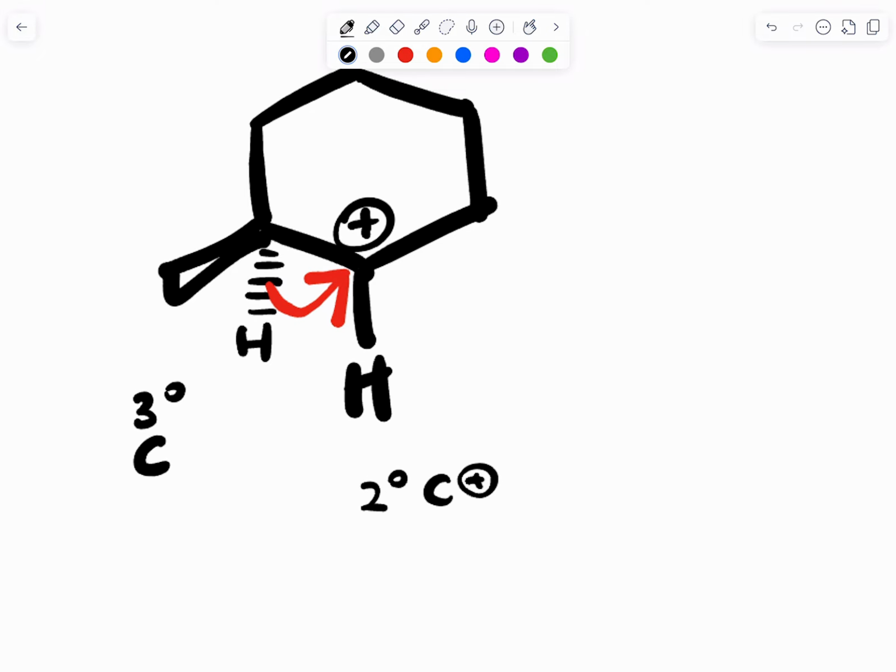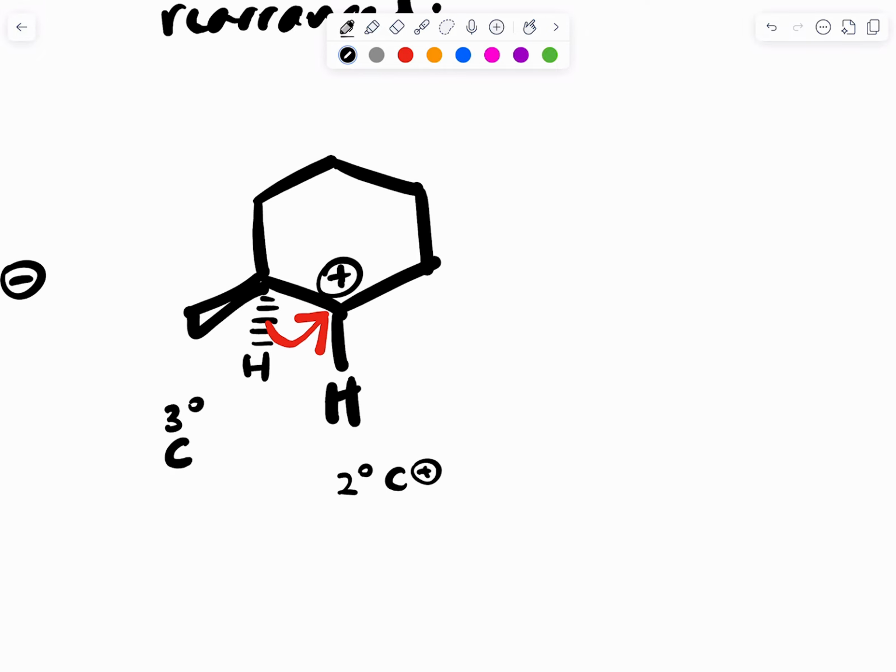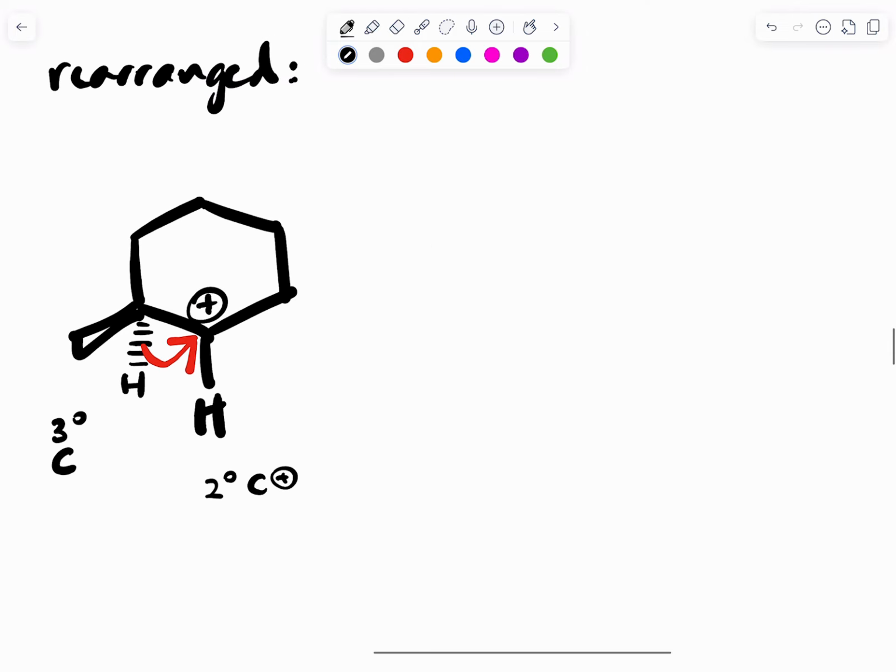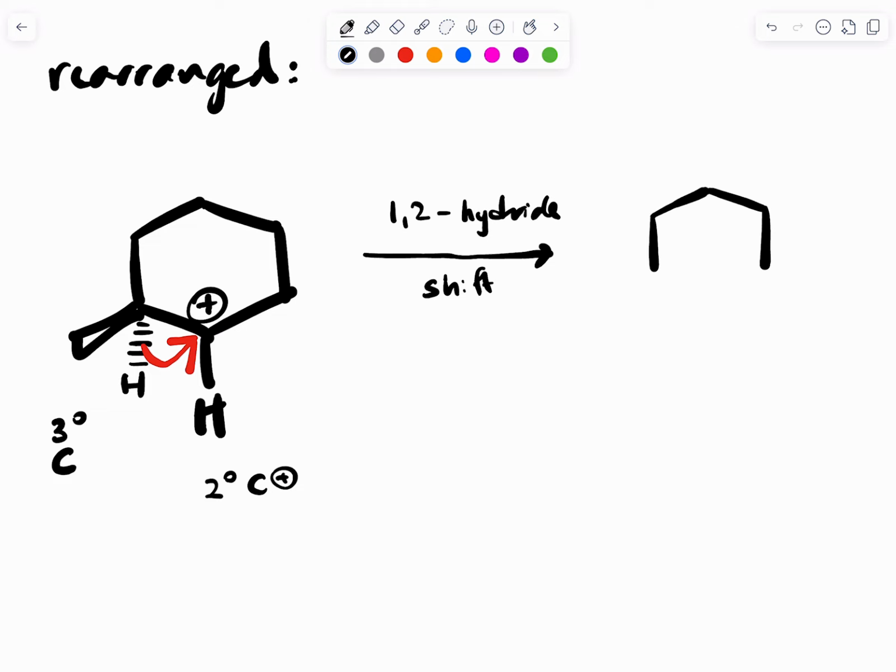Could you predict it without seeing it? Absolutely. Let me draw the rearranged product that would come from the rearranged carbocation that would come from a 1,2 hydride shift. And then I will draw the hypothetical product that would come from a 1,2 methyl shift, and it will be very clear why it has to be this way.